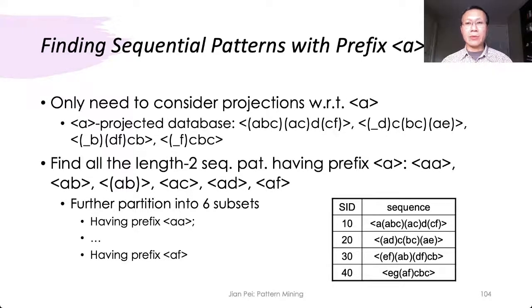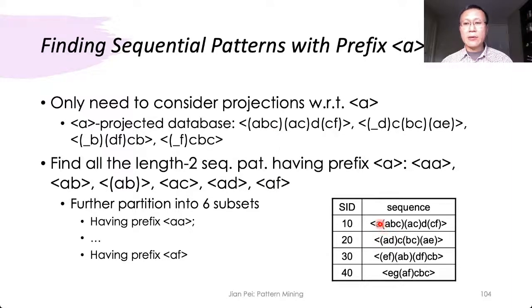How to get the projection with respect to a is easy. For every sequence in the database that contains a, we find the leftmost a. Like here, in this sequence, we find the leftmost a.